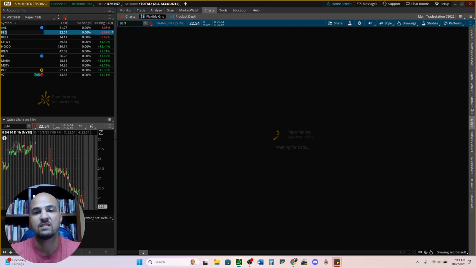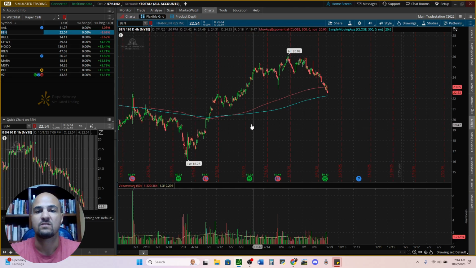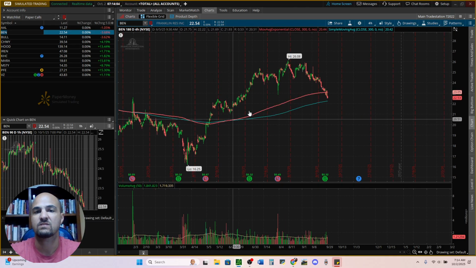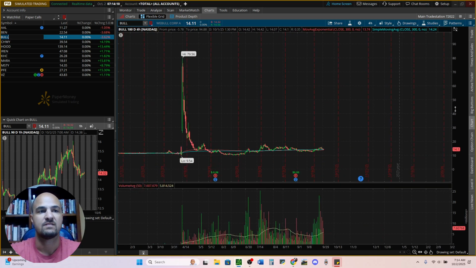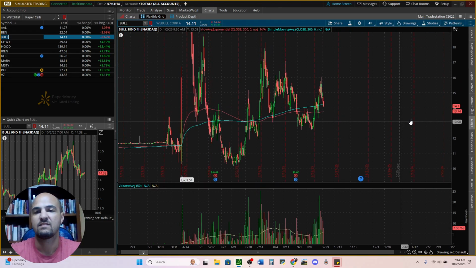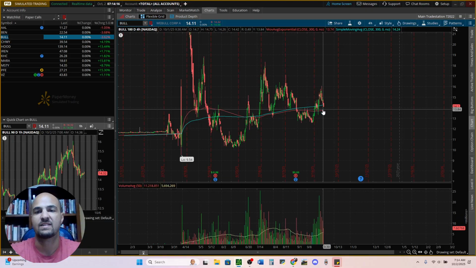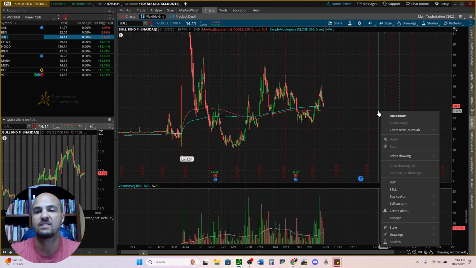And all I'm doing is kind of trying to hunt down something with some decent premiums. So I can take a look at this chart. This looks a bit extended and looks like we may be coming back down. So I don't want to jump into that right now. Webull, what do you look like? Webull looks like we're going to be coming back down, but we've got 2 levels here of support again.